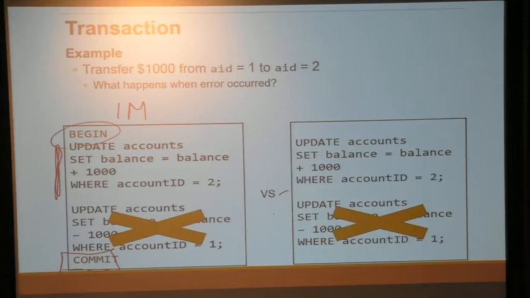On the other hand, for this particular one, your balance will be this. You have just given someone an additional $1,000. Because when it fails here, it only fails on this particular one.